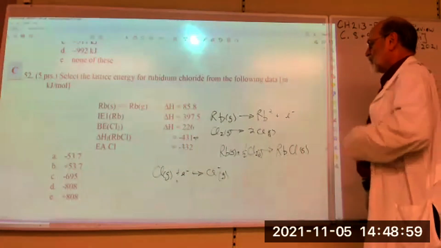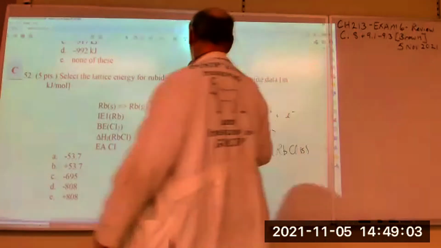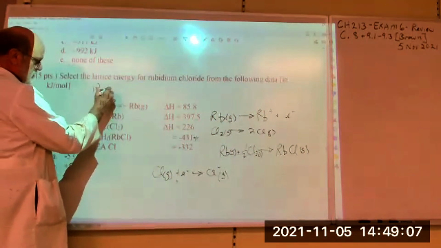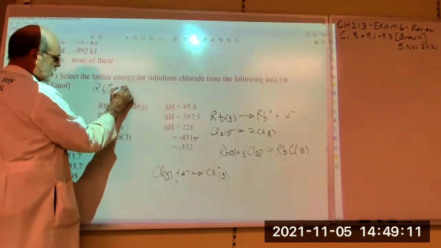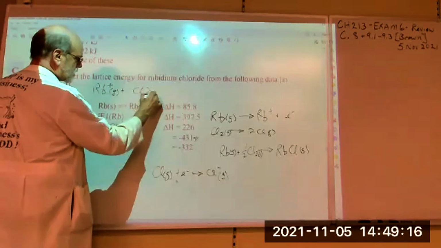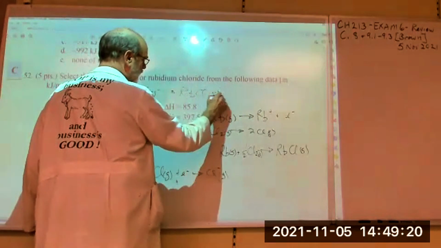Now you have to make them fit the lattice energy. And remember, the lattice energy will be rubidium ion gas plus chloride gas yields rubidium chloride solid.